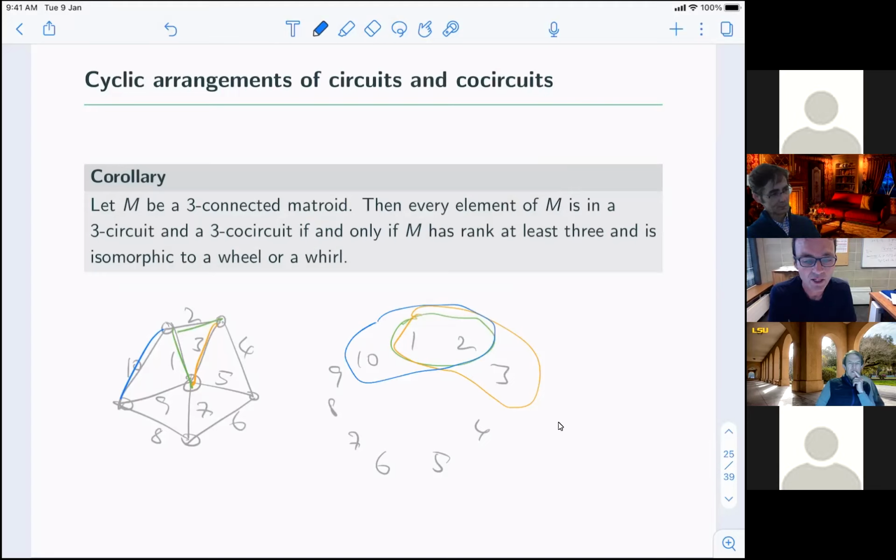And I can do that for any pair; there's nothing special about choosing 1, 2. I can choose any consecutive pair in the ordering. If I take a consecutive pair in the ordering, then those two elements are in a 3-circuit and a 3-co-circuit. And I can do that for every pair of that circular ordering.